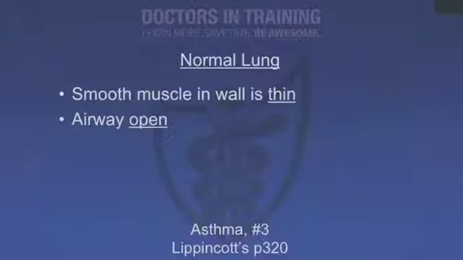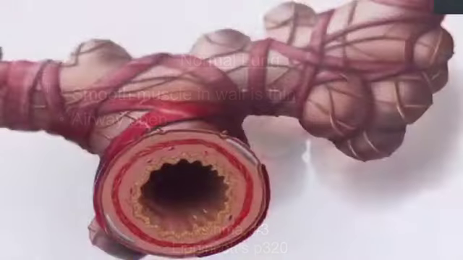As you probably already know, asthma has 2 components, and this is really important to remember. If you look at the diagram showing a normal lung tissue and then a cross-section of asthmatic tissue, you'll notice that in the normal lung, the smooth muscle in the wall is nice and thin, the airway is nice and open.